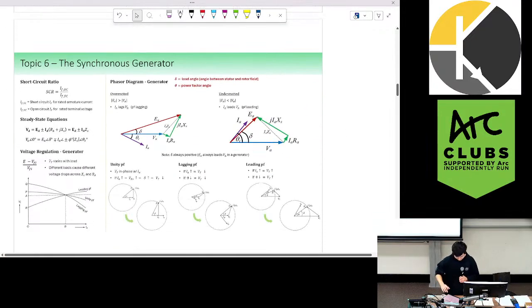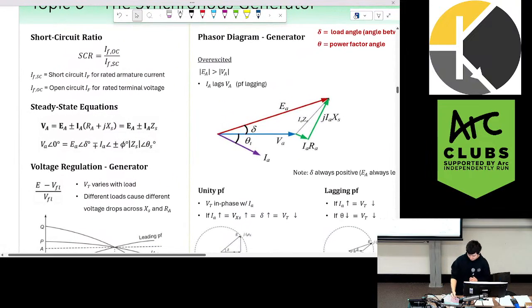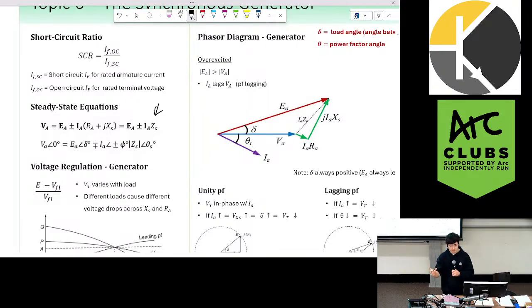But that is that. As we saw with some of our DC machines, we have steady state equations where it's just, okay, here's our excitation, here's voltage at the terminals, here's the relation with respect to the current in the armature.